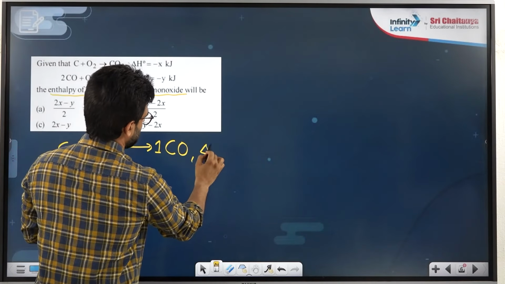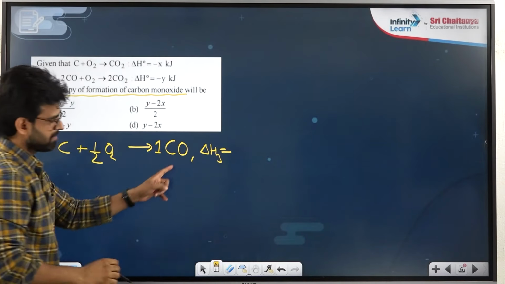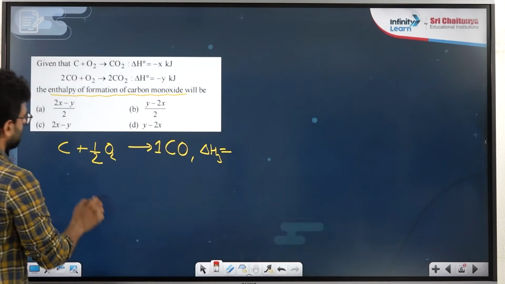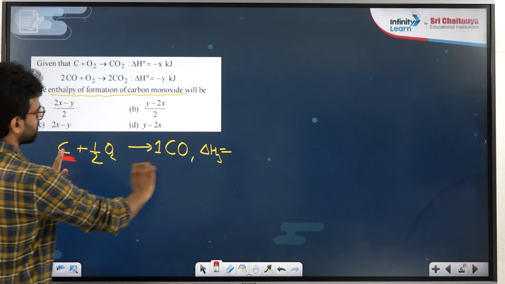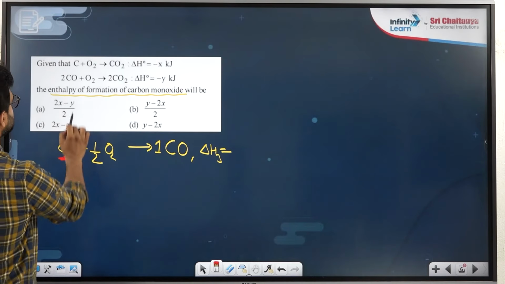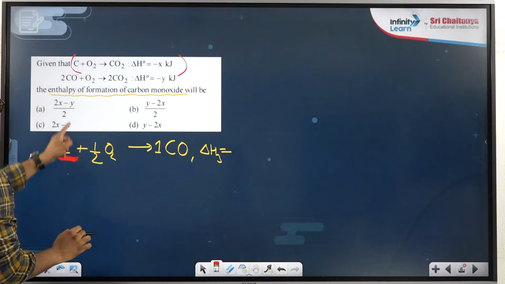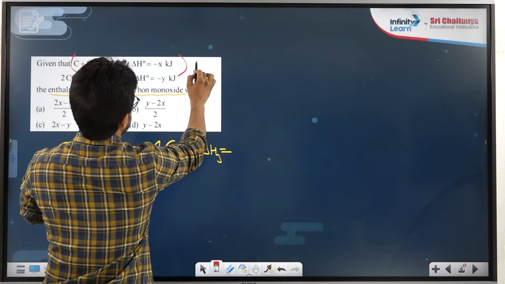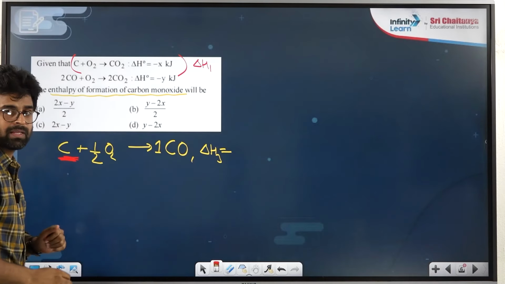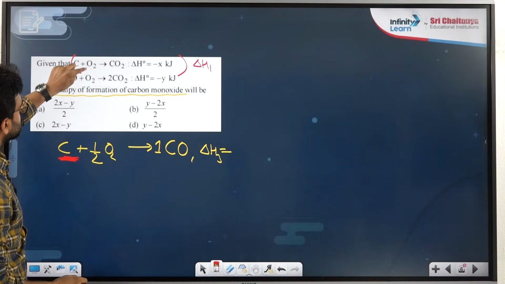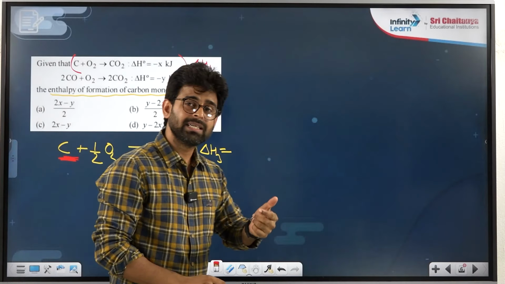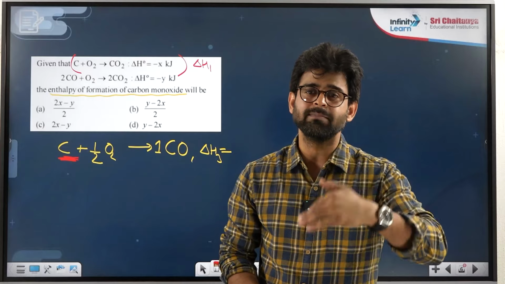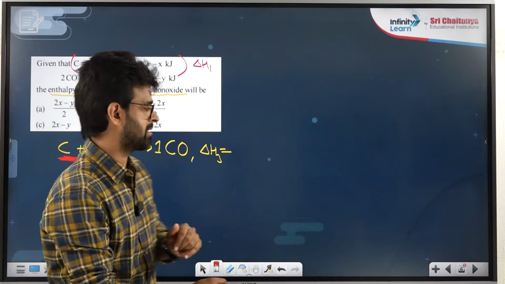Be careful. I want to find this delta H3 using the above two equations. Again, what I need is carbon. Where is carbon? The first equation has carbon, 1 mole, on the left side, ready to use. I will say delta H1. Clear? O2 is present here also, and here also. As I said, if some reactant or product is present in both the reactions, leave it. Move to the next one.